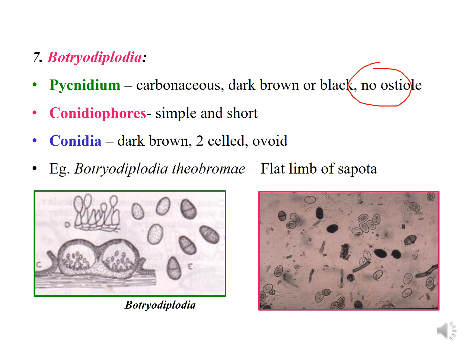Here you can see the conidia, which are dark brown, two-celled and ovoid in shape. They look like locules, the pycnidium containing locules. Example is Botryodiplodia theobromae, a very important disease in sapota, which causes finger tip rot of sapota.